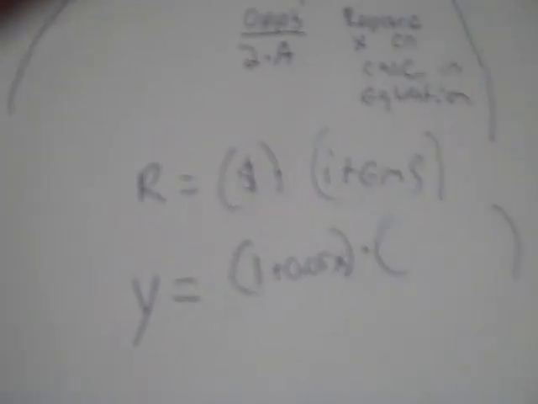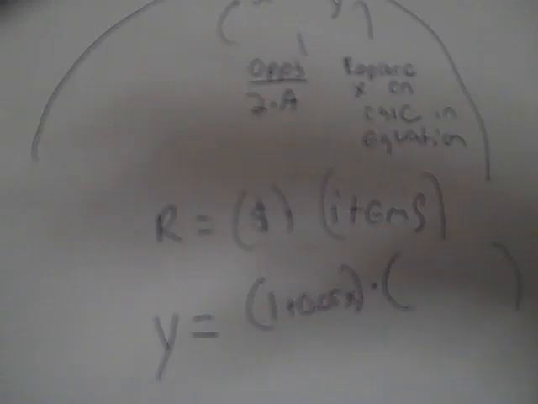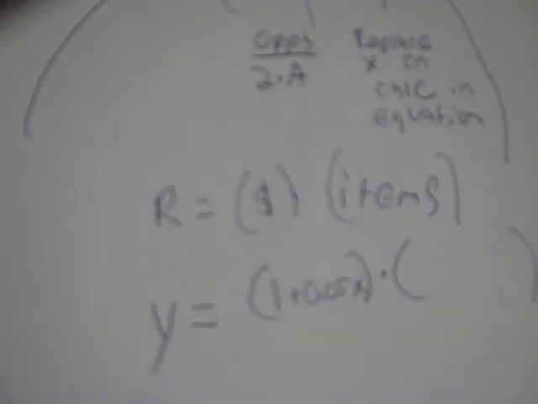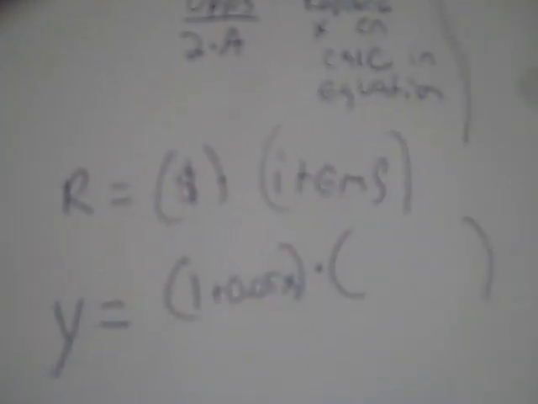So I got 1, and it says 5-cent increase. So plus 0.05 with X, because we go up from $1 to $1.05 to $1.10, and this leads to less people buying because we're upping the price. Okay, items, we got 4,000, and then 80 fewer, so minus 80X.